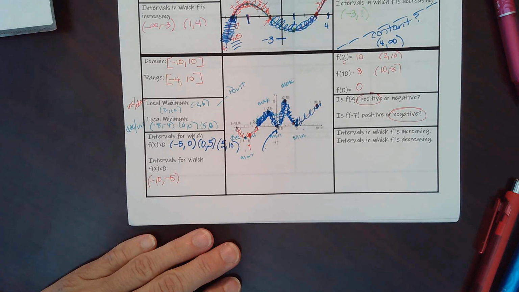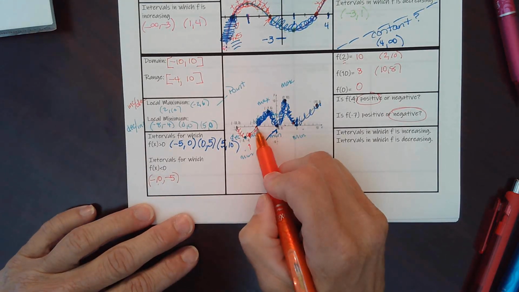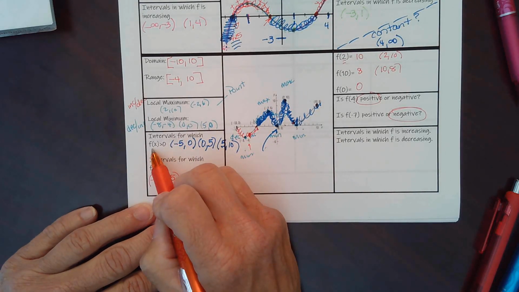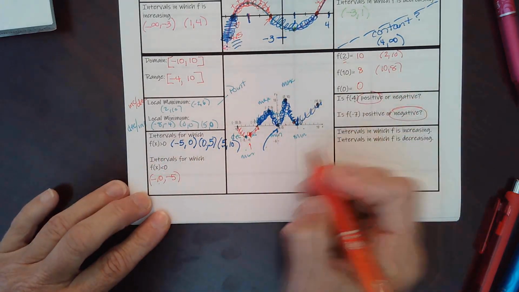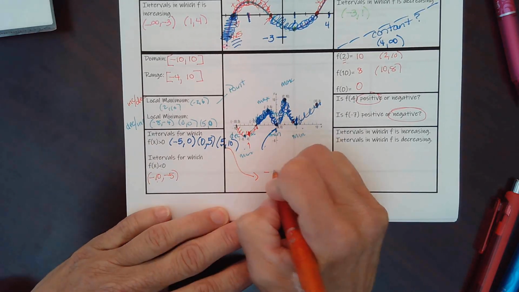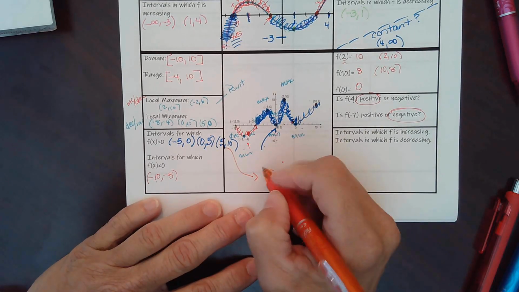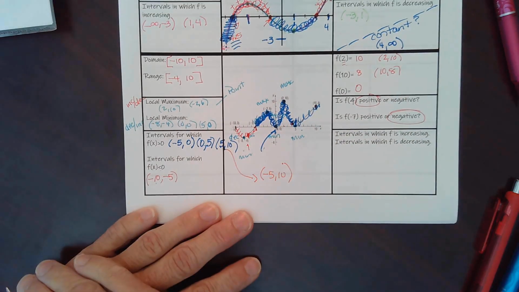So one of the biggest questions is, why couldn't we have written the interval for which f of x is greater than 0 as simply negative 5 to 10? Why couldn't we have written it this way?